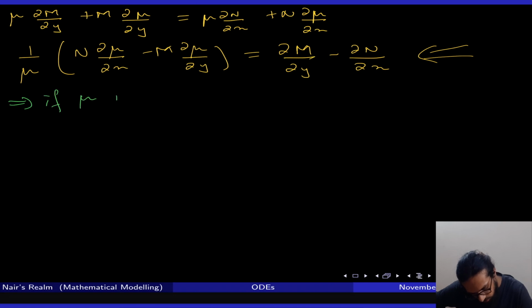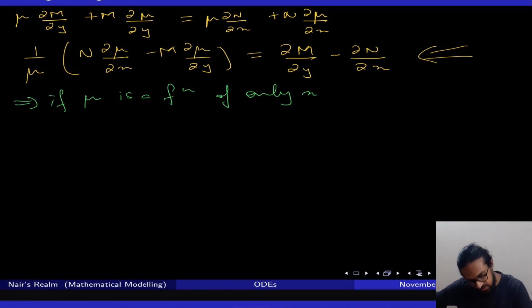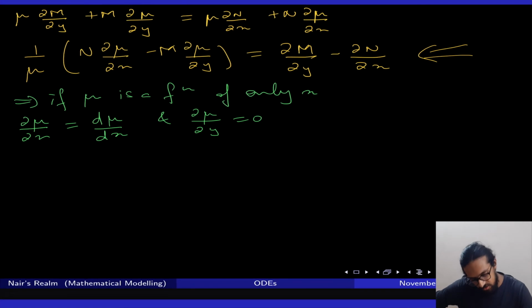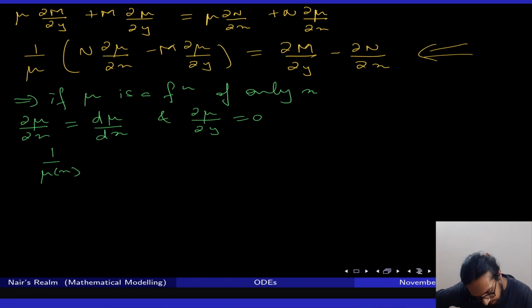If μ is a function of only x, this means ∂μ/∂x is actually dμ/dx, and ∂μ/∂y is equal to 0. So if I were to plug this in above, what I get is 1/μ(x), because we know μ is purely a function of x now. That's a particular solution. We care about only one particular integrating factor.